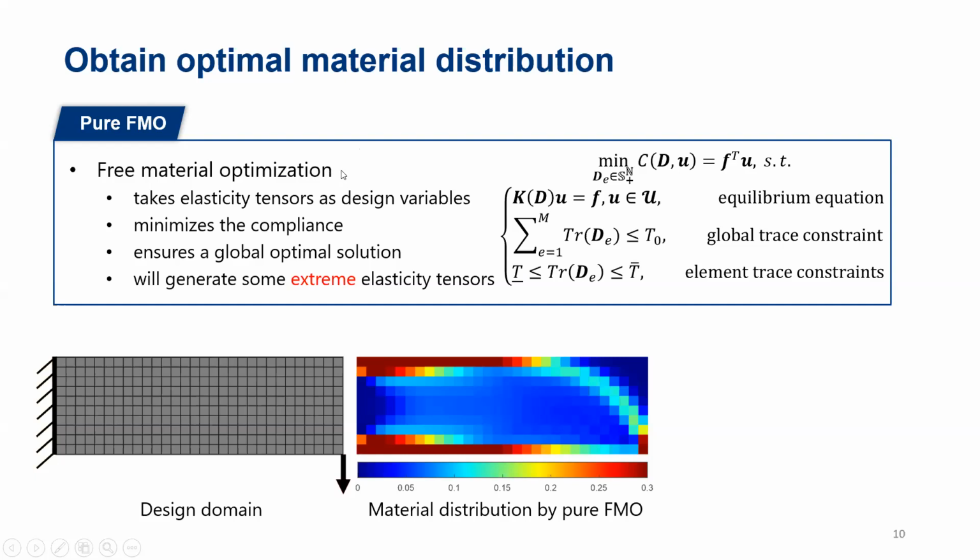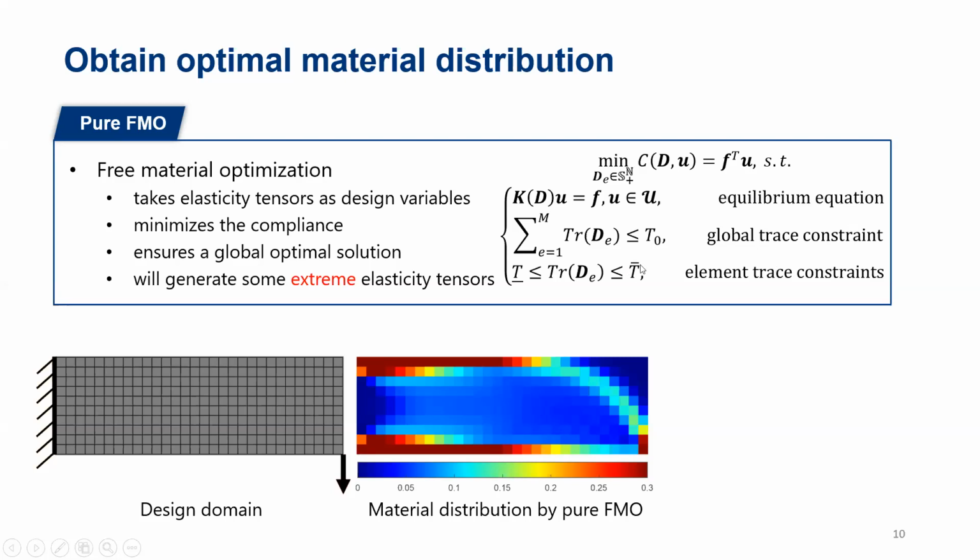Free material optimization, FMO for short, takes all parameters of the elastic tensor of each material point as design variable, as D in this formulation. It aims to maximize the stiffness of the resulting structure, that is, minimizing the compliance. Meanwhile, the solution should meet the static equilibrium equation and additional constraints.